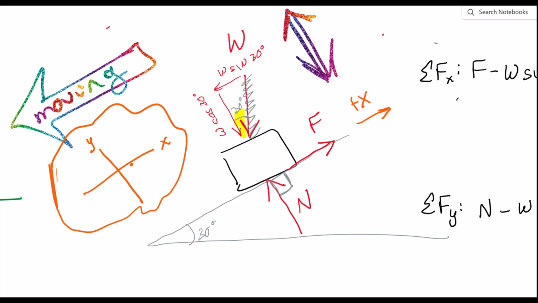It is not moving up and down this way. And if you don't believe me, rotate your paper 30 degrees, and then convince yourself. It is not changing position in that direction. It is only changing position in the left and right way.